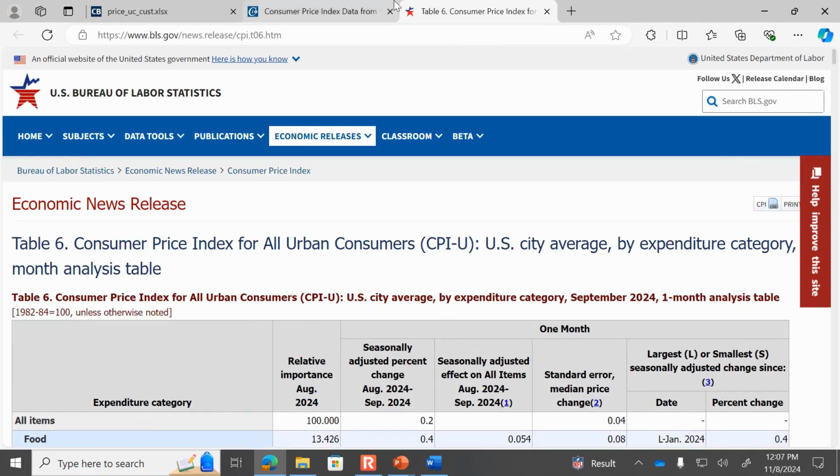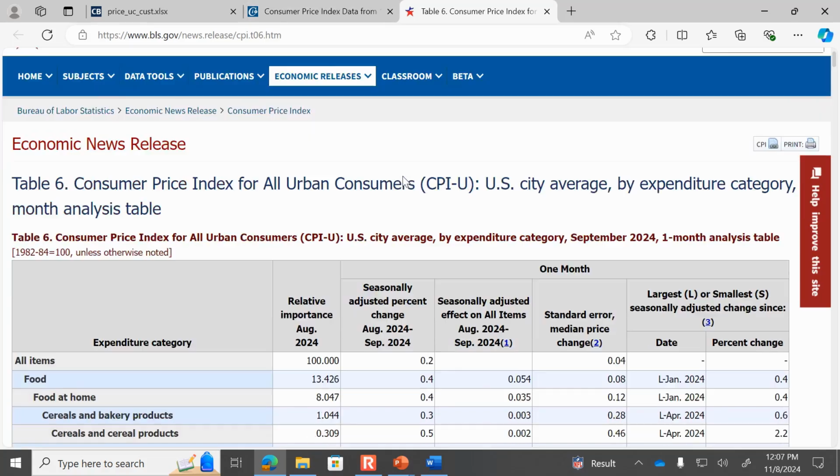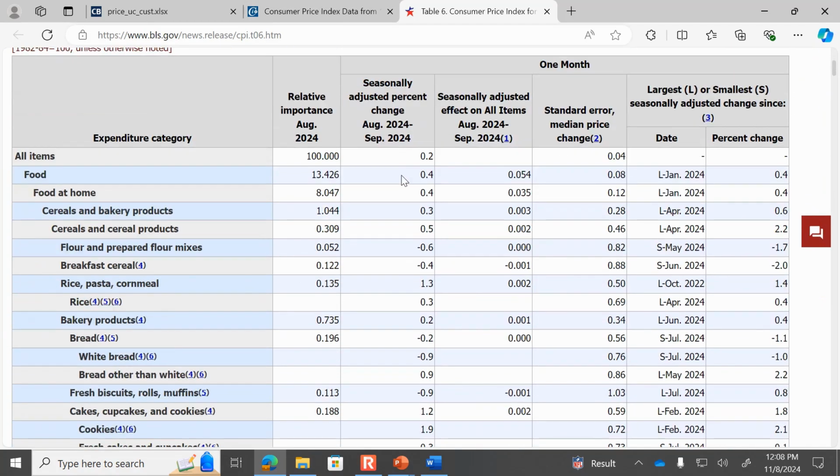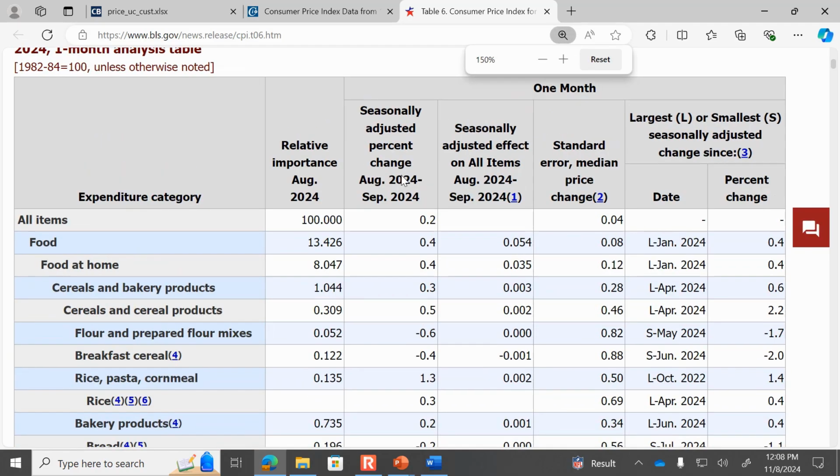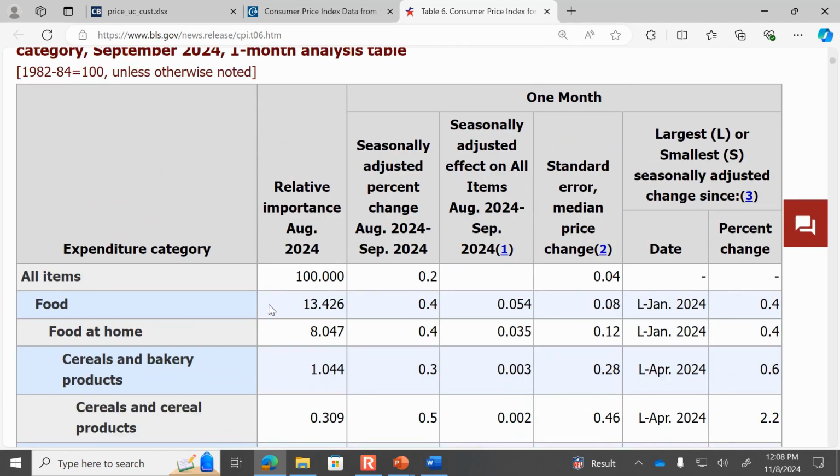So the federal government keeps track of the cost of items over time. And it's interesting to look at what they assume you're going to be consuming and the types of data they gather. They gather data on food as a broad category. They think that the average American spends 13% of their budget on food. But then they even break that down into food that you'd consume at home and food that you eat outside of the home, like at restaurants and convenience stores and so on.